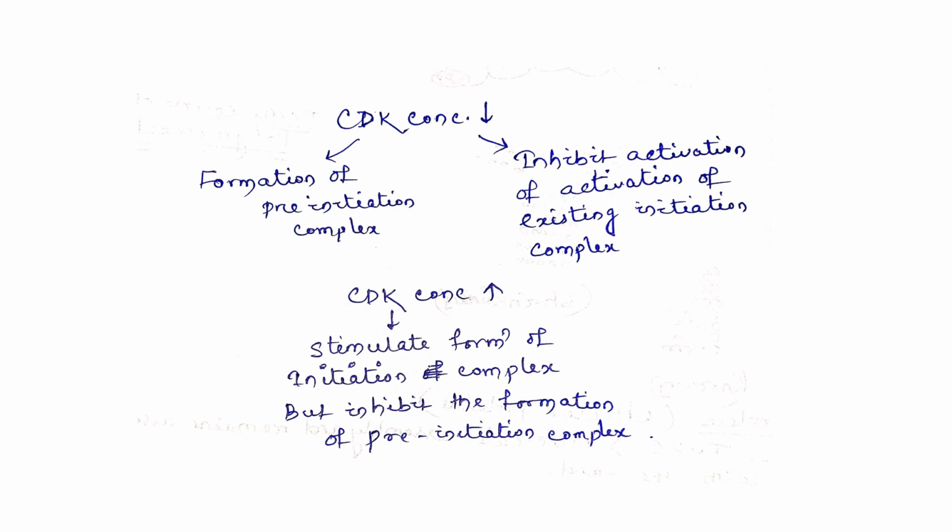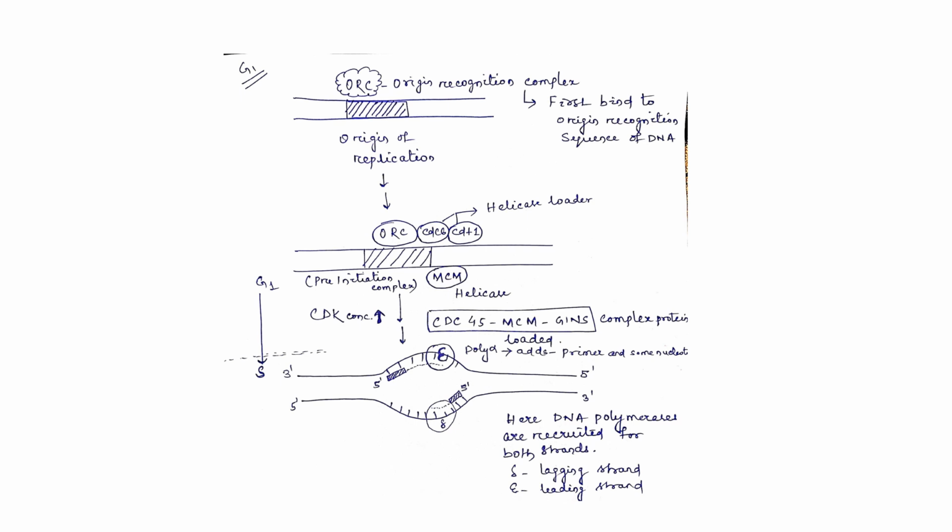After that, the origin recognition complex first recognizes the origin of replication and binds to it. All these processes occur in G1 phase, before S phase, because the cell prepares itself for synthesis of new DNA.